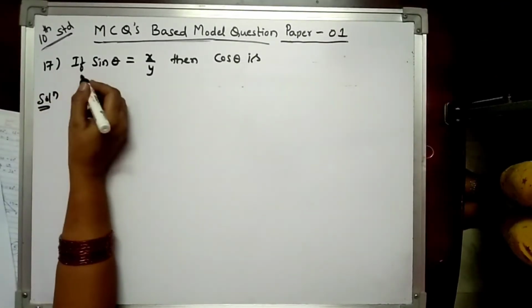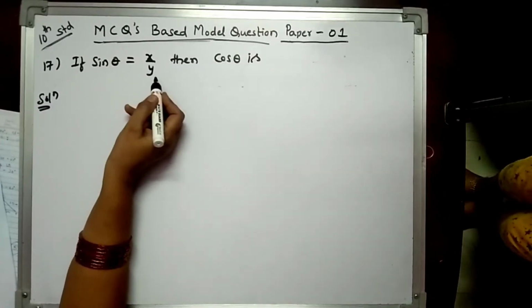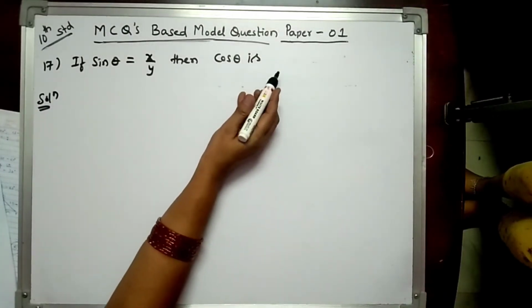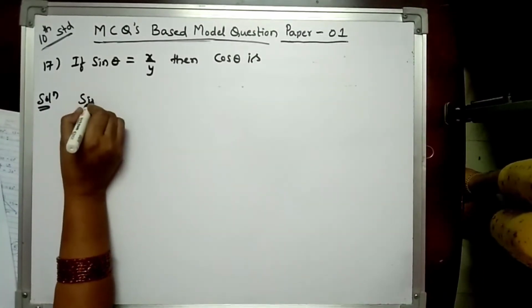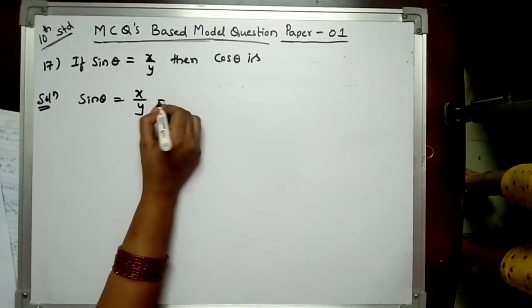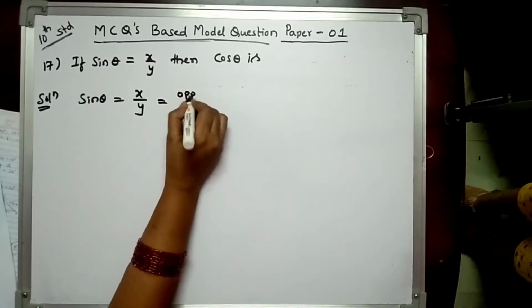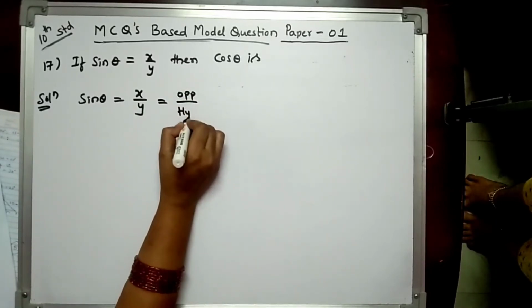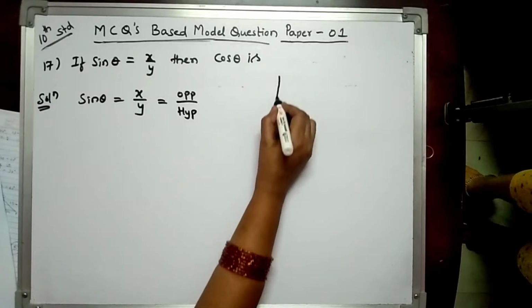Question number 17. If sin theta is equal to x by y, then cos theta is. So sin theta is x by y, which means opposite divided by hypotenuse. So write down the right angle triangle.